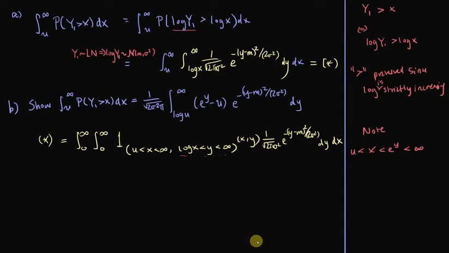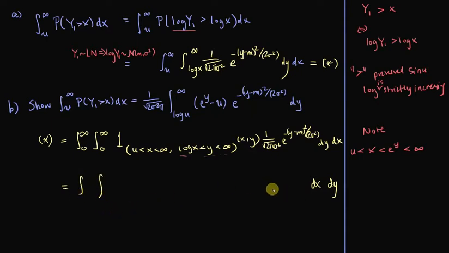And when we want to interchange the order of integration, we want to integrate first with respect to x, then with respect to y. So you want y to run from something to something else.